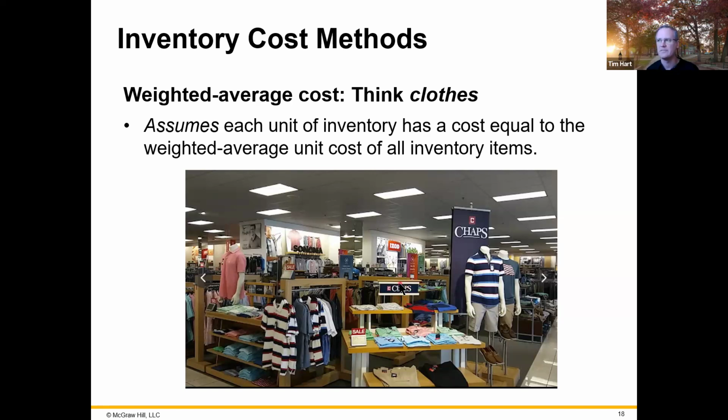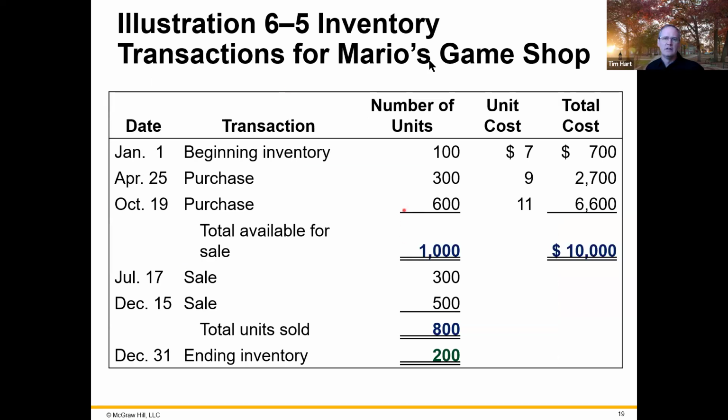Okay, so there's four methods, and we're going to take a closer look at each one right now. We're going to use an example for a Mario's Game Shop. They might sell board games, video games, other types of games. And their costs are rising. What it costs them for their inventory is rising over time. The beginning inventory was created on December 31st as the ending inventory, but now on January 1st, it's the beginning inventory.